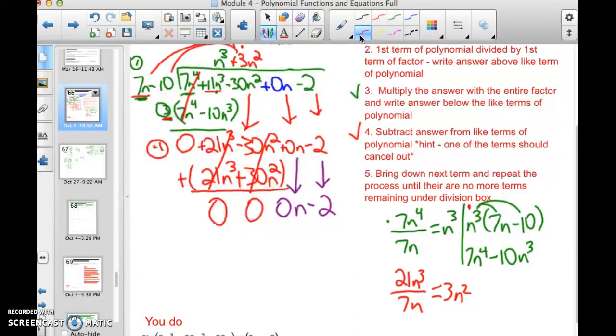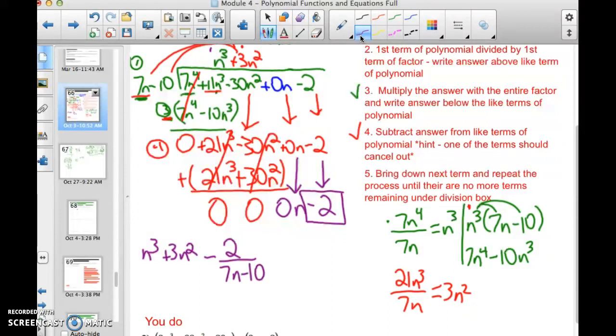7n doesn't go into 0, 7n doesn't go into negative 2. So my final answer will include this as its remainder, and this is where your answers will look different depending on the polynomial. But my final answer is n cubed, I'm getting it from up here, plus 3n squared minus the remainder of 2 over 7n minus 10, the original divisor.